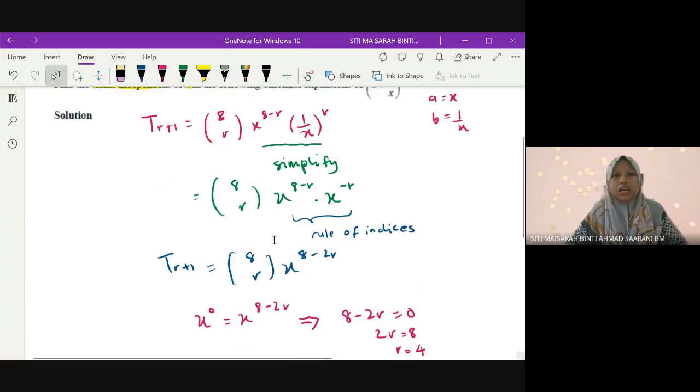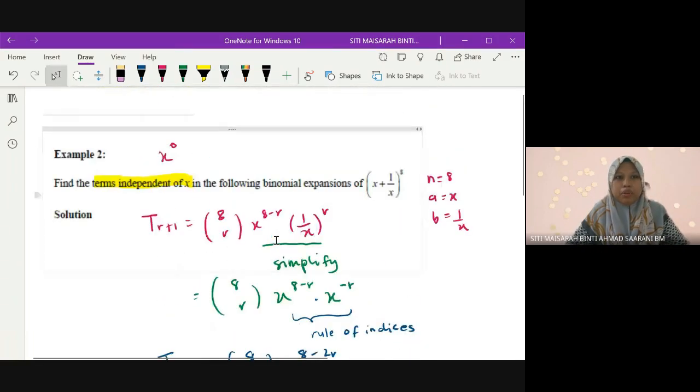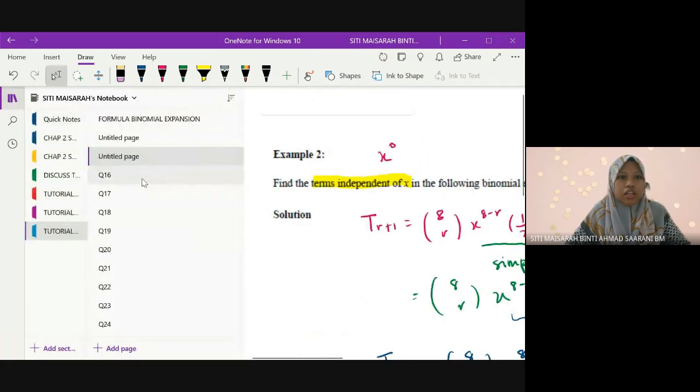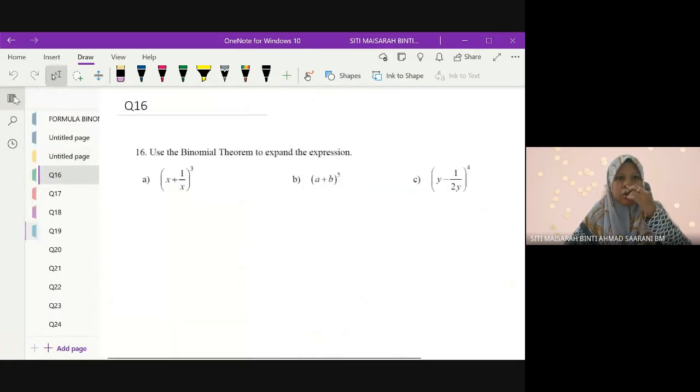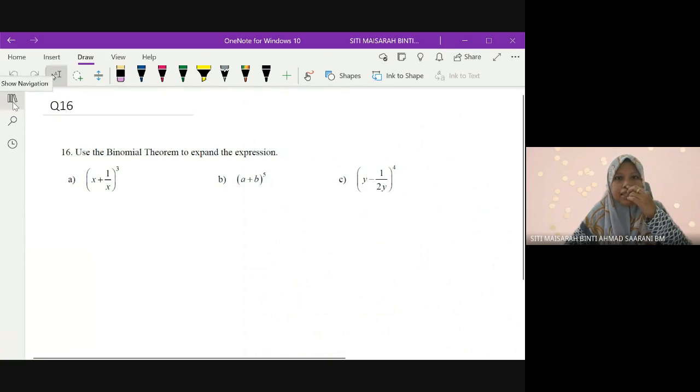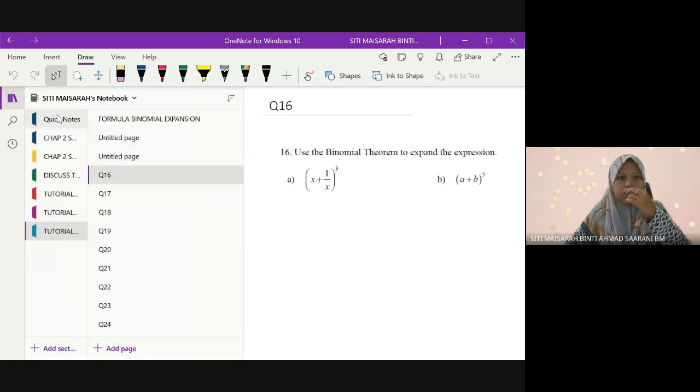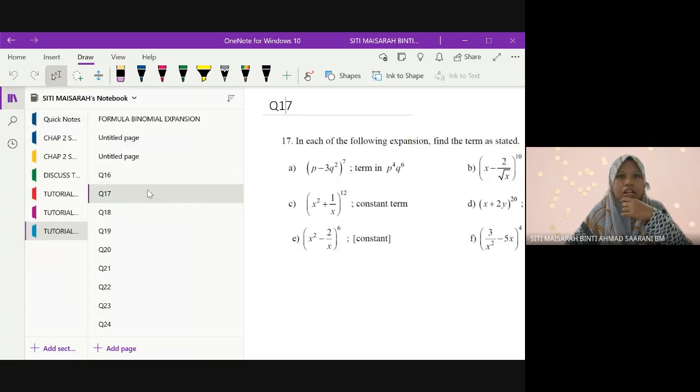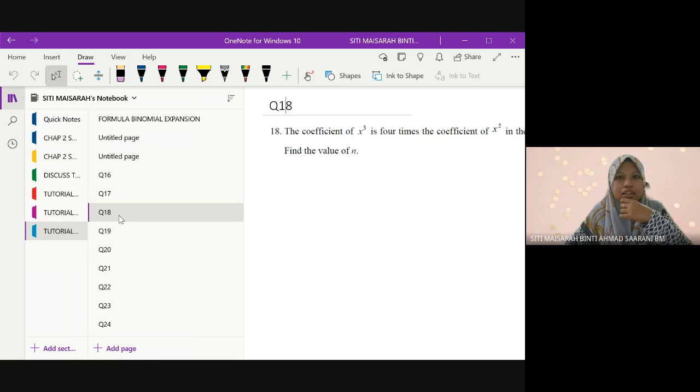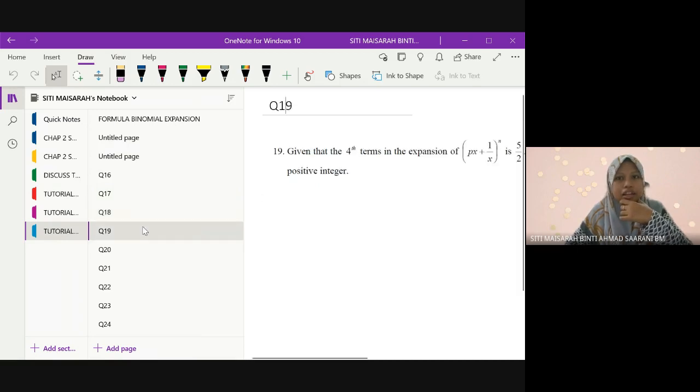Okay, that's it for example 1 and example 2. Actually, what the teacher taught relates to question 17, then 18, 19, 20.